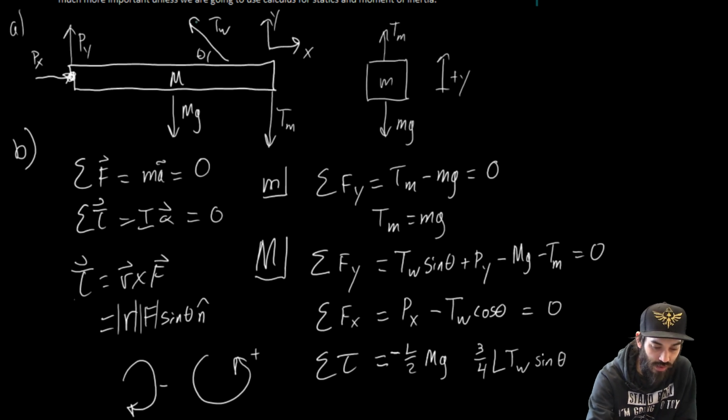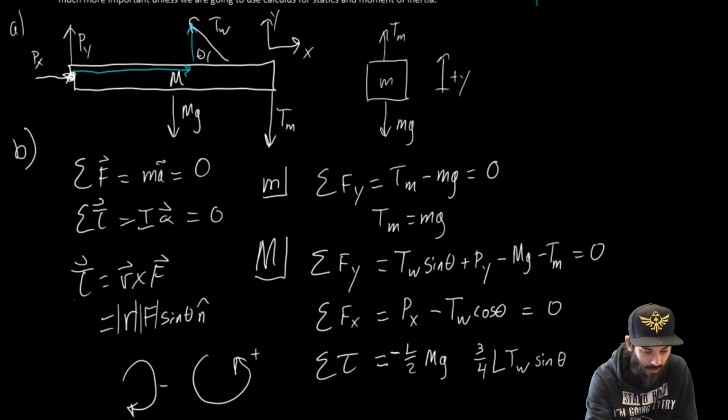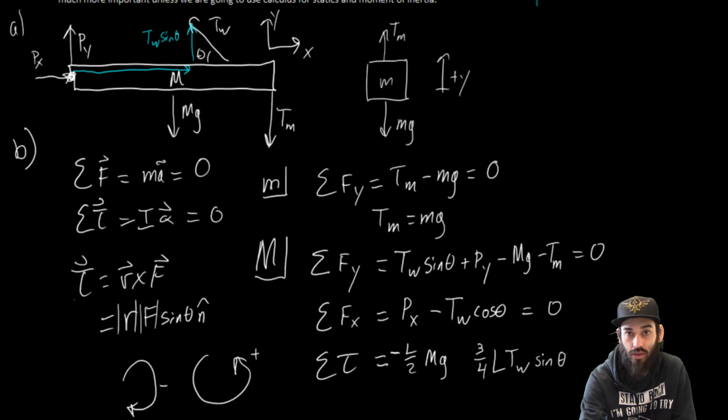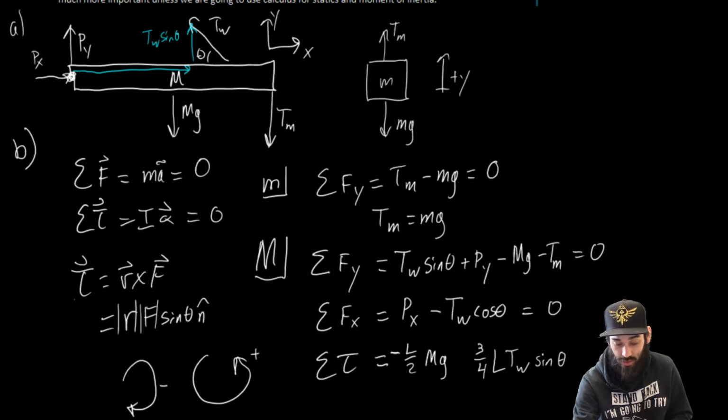Another way you can look at this is to say I want the component of this force that is perpendicular to the vector that points from the point of rotation. That component is T sub w sine of theta. So that's an analogous way to see that what we really want is T sub w sine of theta.